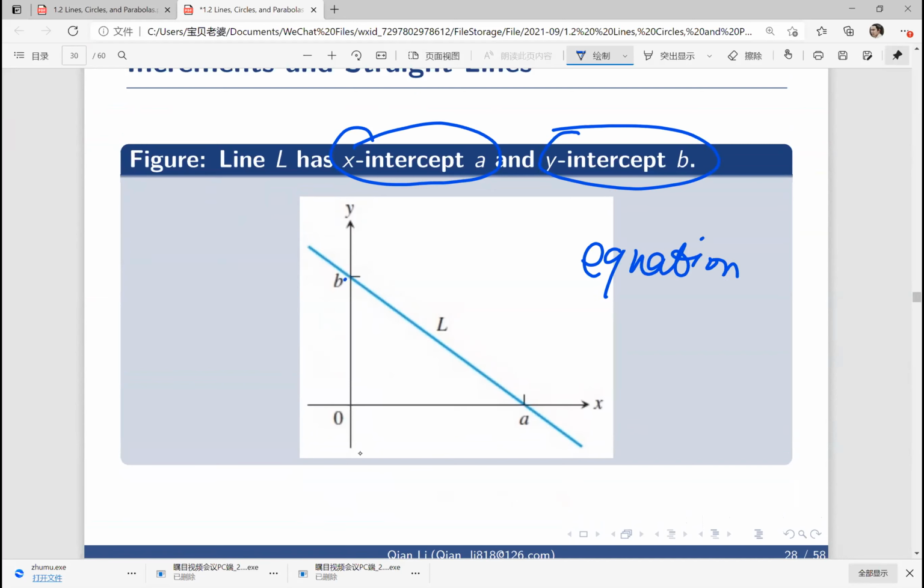If we know the x-intercept is A and the y-intercept is B, can you write the equation of this line? Okay. Try it, okay?